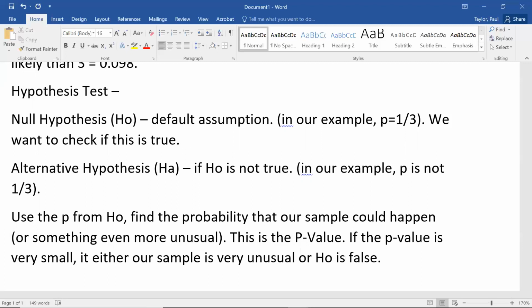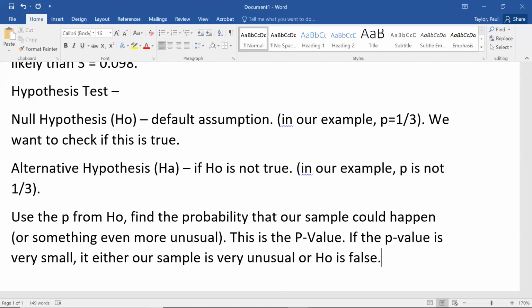So if our p-value is very small, it really has to be one of those two things. Either the null hypothesis is true and it's just a really weird sample, or the null hypothesis is actually not true. Okay, so when the p-value is very small, we can say, okay, maybe the sample is very unusual, but we have just found evidence that the null hypothesis is actually false.